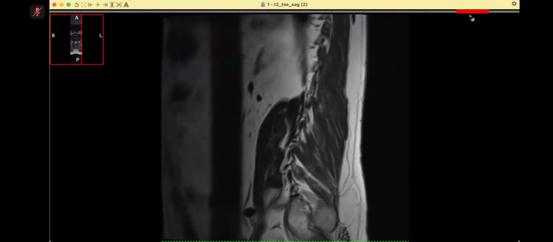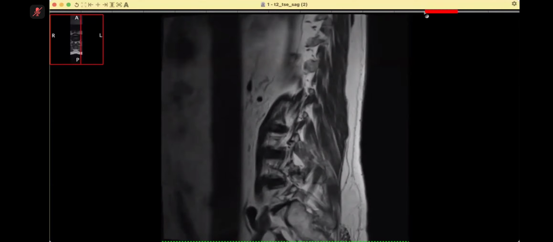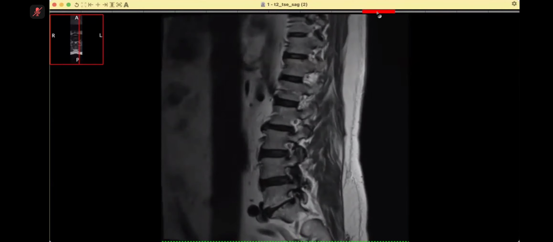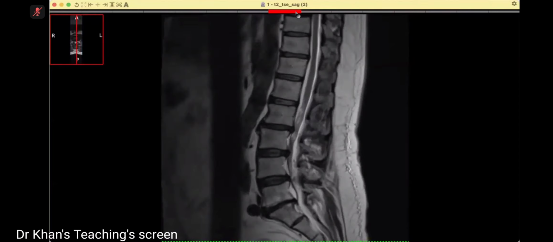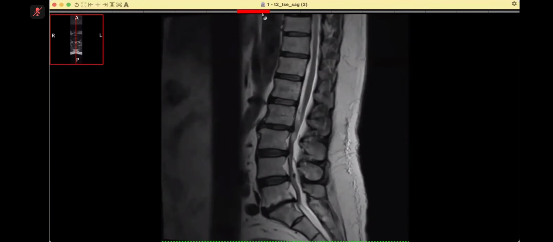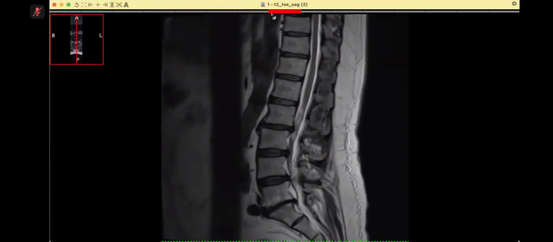At places the conus cannot be appreciated separately from these signal intensity areas, which are appearing iso to low on T2 weighted images. Degenerative changes are noted in the rest of the spine. So I would like to see them on post-contrast images to look for any enhancement.